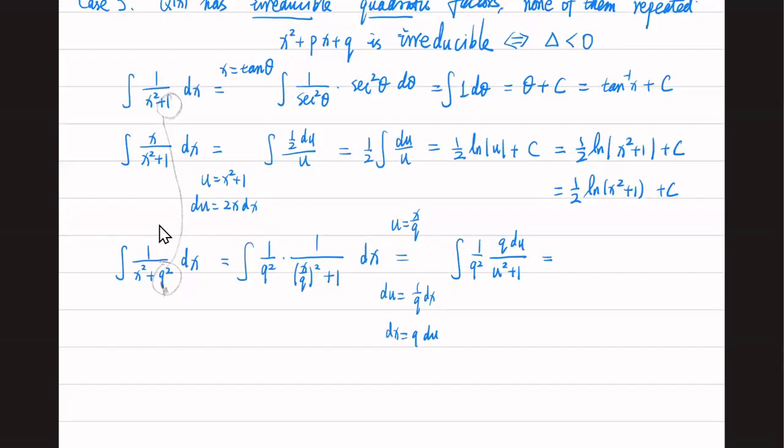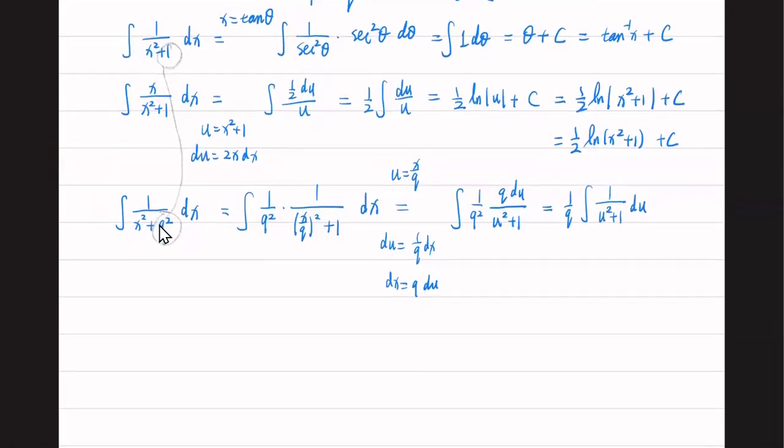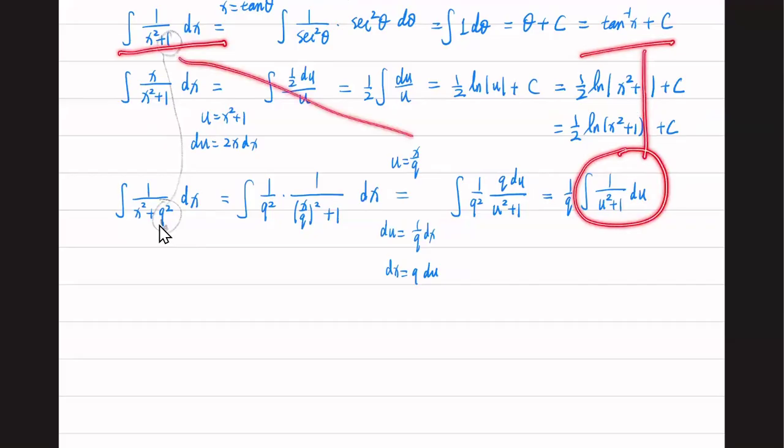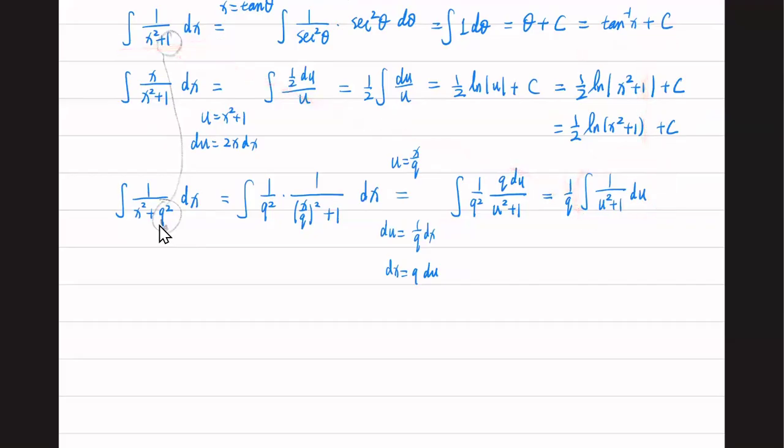So simplify, it will be 1 over q times the integral of 1 over u squared plus 1. Could we apply the formula? Yeah. So what's the result? Arctan u plus c. Then we switch back to x: 1 over q arctan of x over q.